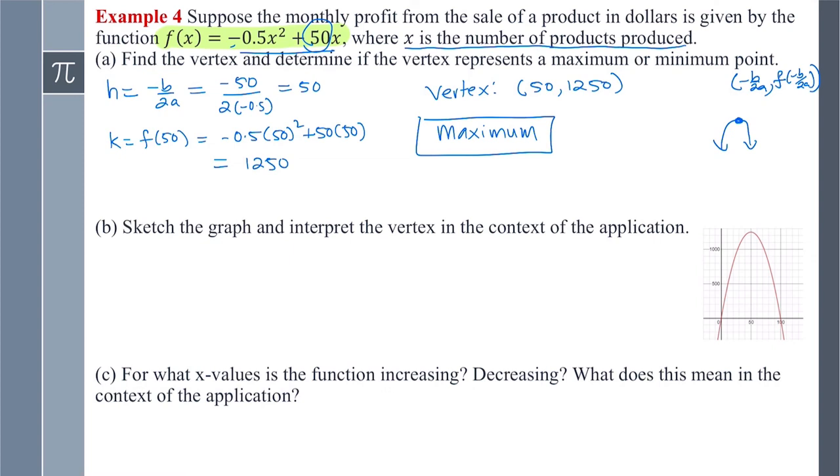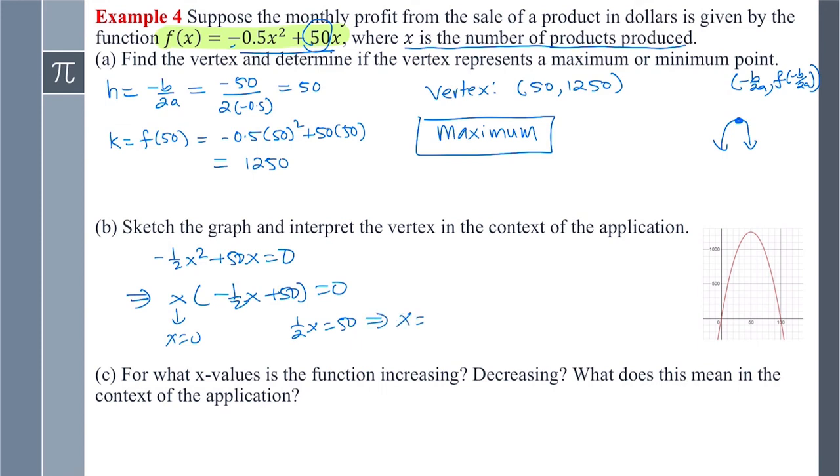So negative 0.5 means negative 1/2 x squared plus 50x equals 0. If we factor out x, we get x times (negative 1/2 x plus 50) equals 0. From here, we get x equals 0. From the other factor, 1/2 x equals 50, which gives x equals 100. So the x-intercepts are at 0 and 100.